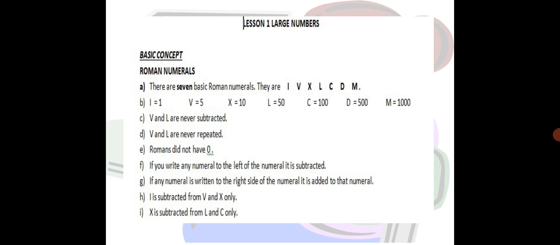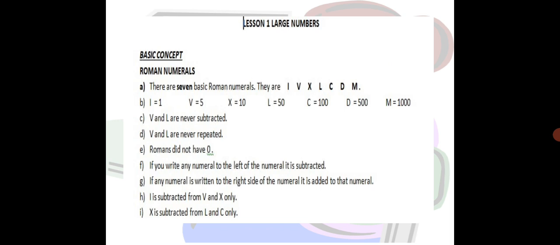All the numbers in the Roman number system can be formed by using only these 7 symbols and some basic conditions. What are the basic conditions? V and L are never subtracted, that means 5 and 50 are never subtracted.